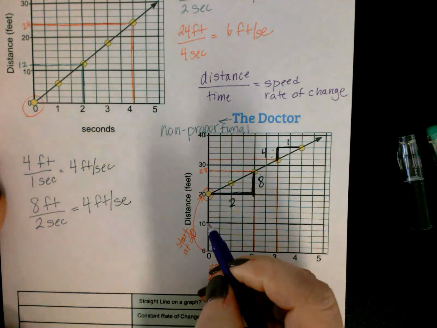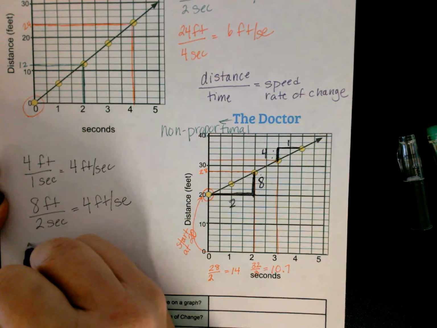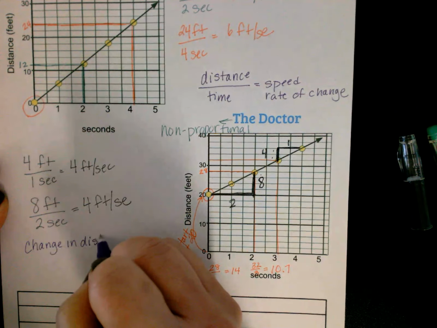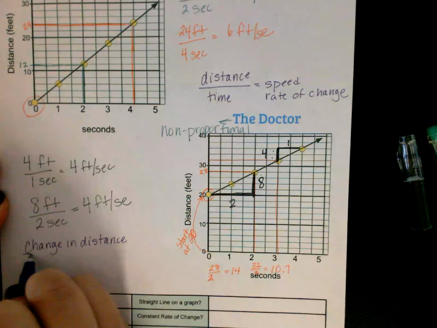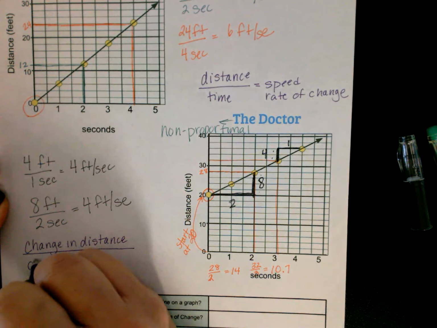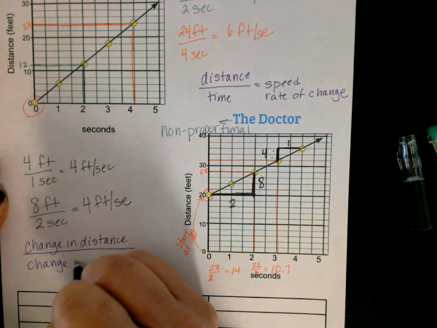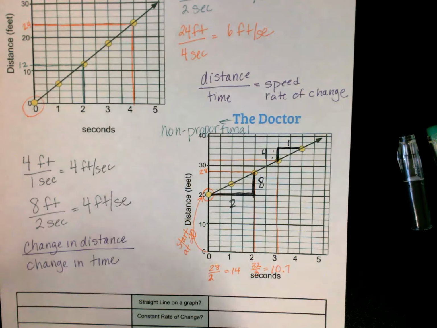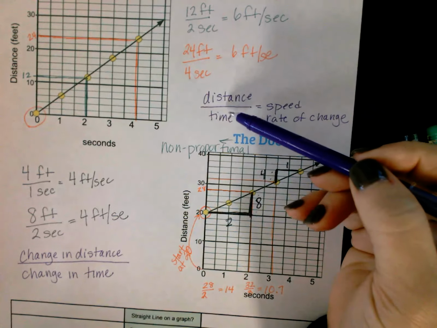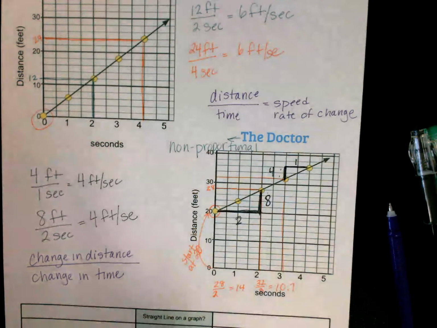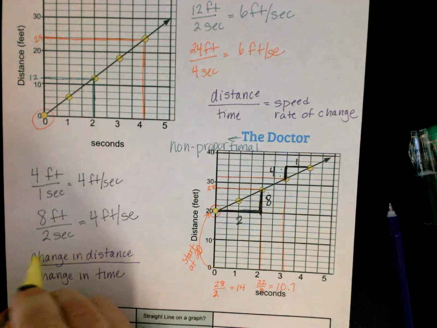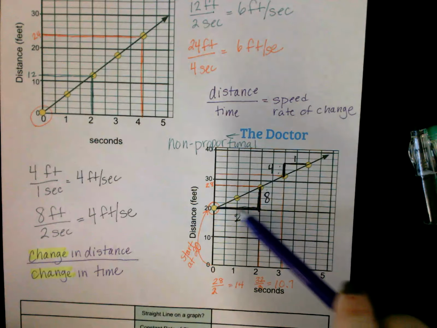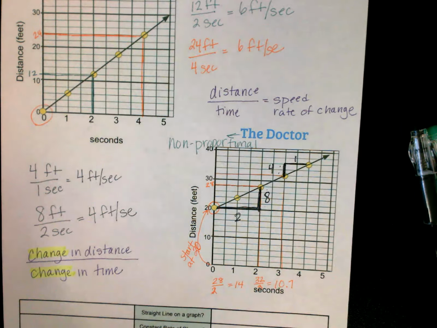So to find this, we have to do the change in distance over the change in time. Not just reading the graph and doing distance over time. What we need to do when something does not start at 0 is work with the change. How long does it take to go that far?